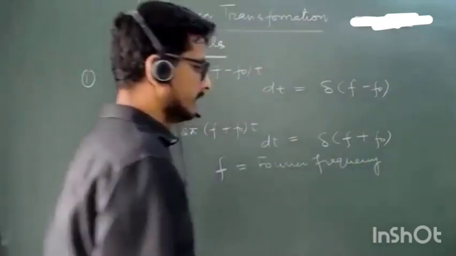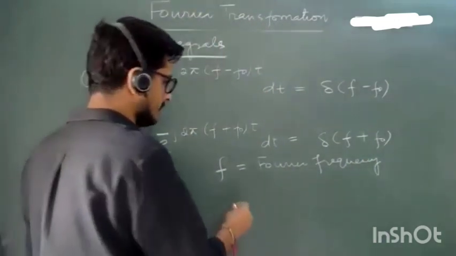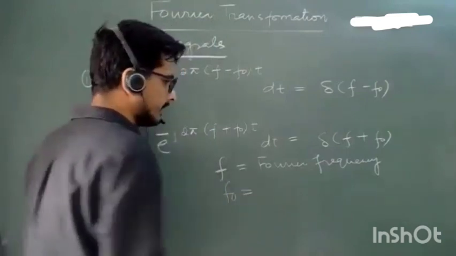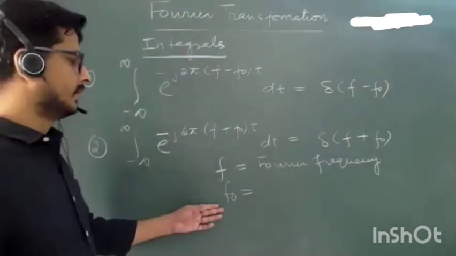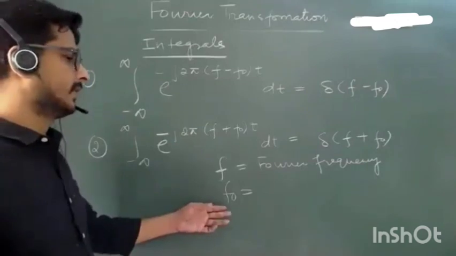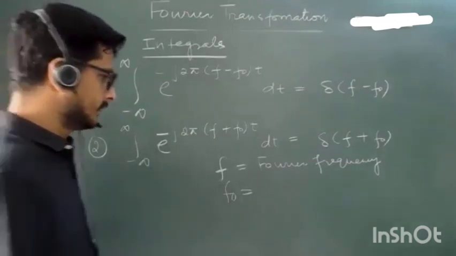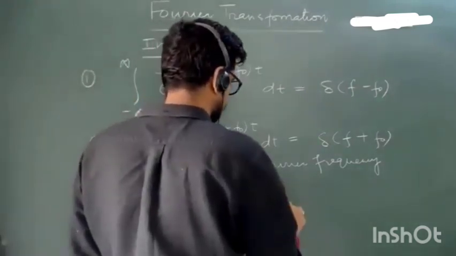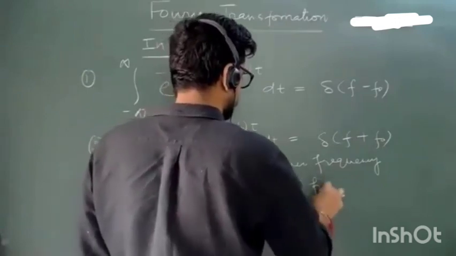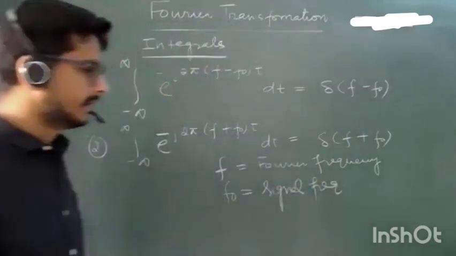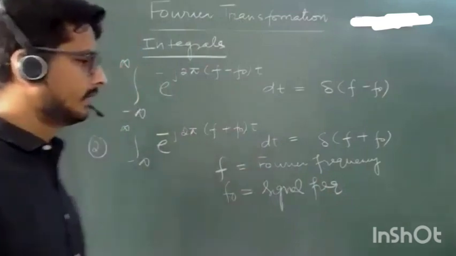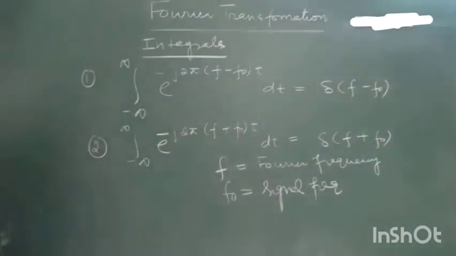And suppose the signal in which that frequency is coming is f naught. Suppose you take a field E equal to E naught times a function of 2 pi f naught t. So that is your signal frequency. Don't get confused. There are two types of frequencies. f is your Fourier frequency, which you use to transform, and the other one is the signal frequency.